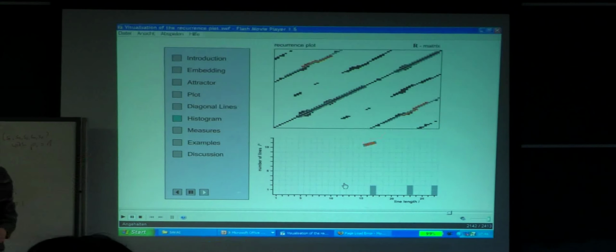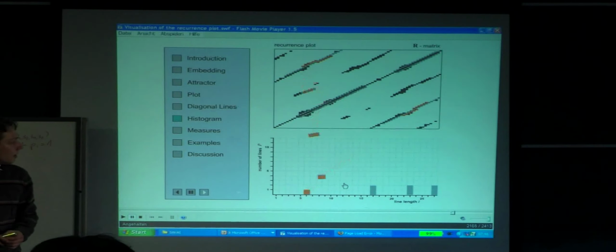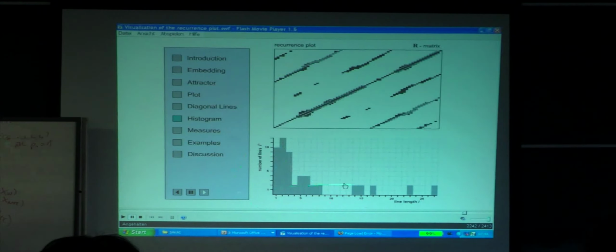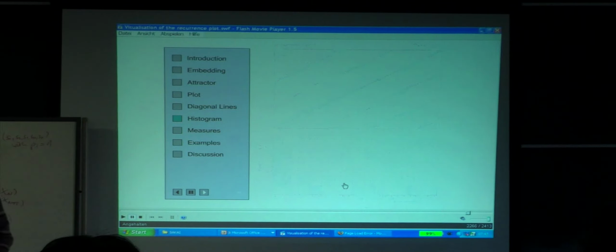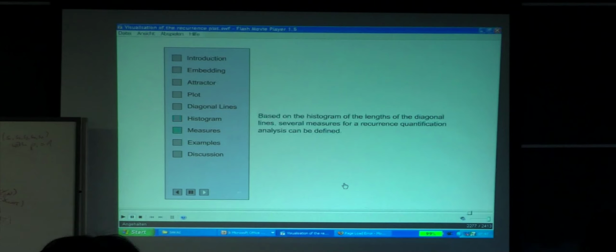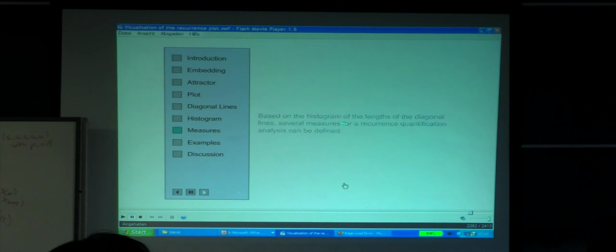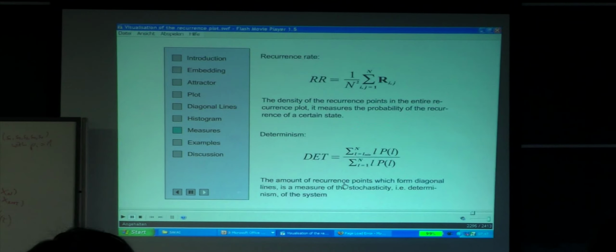So this will run now. You see that there are many short diagonals, only a few longer diagonals, and from this histogram we can compute so-called measures of complexity, which characterize the dynamics of the system. This approach is, by the way, also called recurrence quantification analysis.